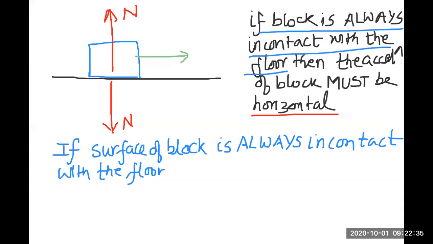the second part of the statement that I said previously was that the acceleration of the block must be horizontal. But now I want to put it in different terms.